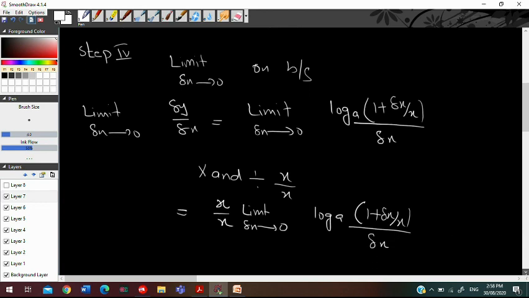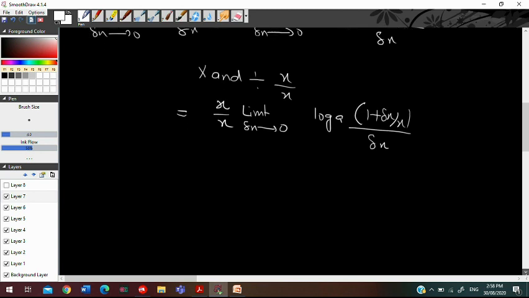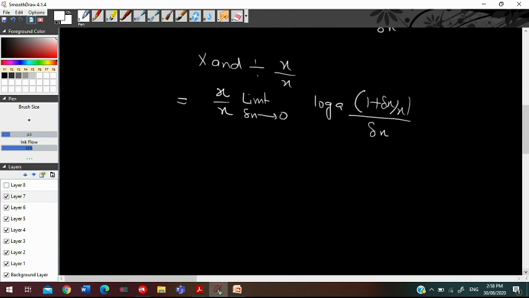I am multiplying and dividing by x intentionally, because here we are going to apply one theorem of limit in which there are some terms lacking. By multiplying and dividing by this x, we complete the statement of the theorem, and then we can apply the direct result of that theorem, which will make our calculation easy.